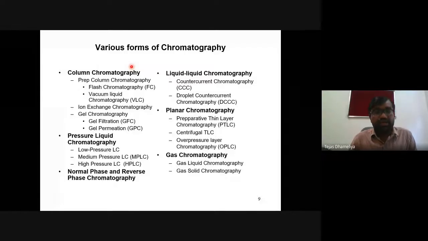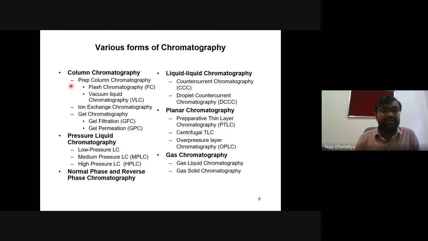I have several types of chromatography. Okay, so column chromatography. Several types of chromatography are available where preparative column chromatography is there. Flash chromatography, so that is utilizing a flash instrument. Vacuum liquid chromatography, so we are taking the help of vacuum to create the force, using the vacuum pump. Ion exchange chromatography, so we are using ion exchange material.